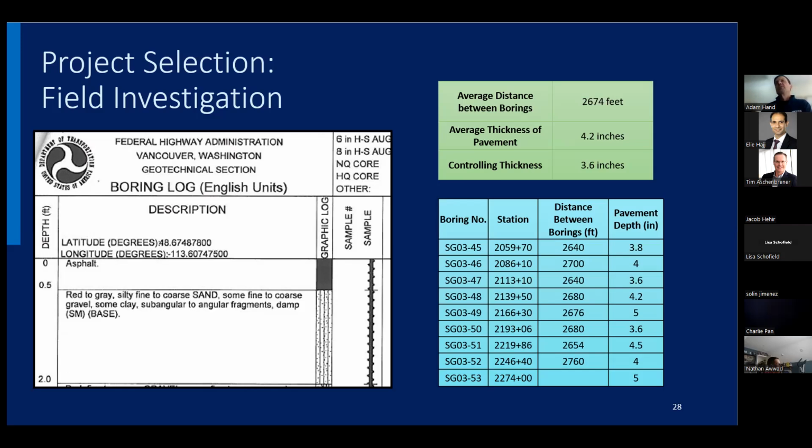And one of the points to make is that there's obviously variable thickness in the table on the bottom right. You see between 3.6 and 5 inches there, and so you have to really be looking at the controlling thickness, right? What is the thinnest part of the pavement?